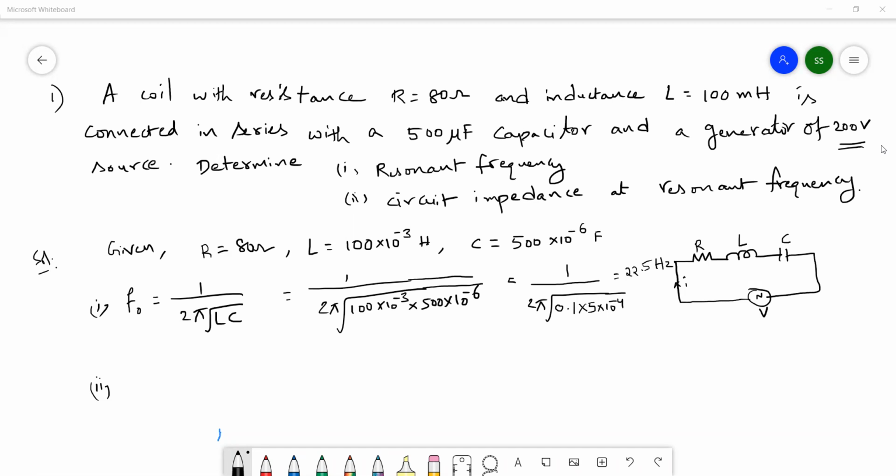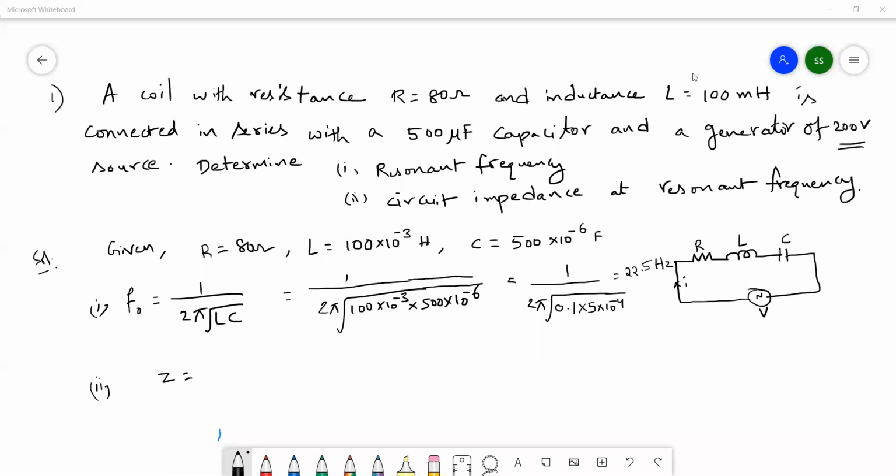And what about your second bit, circuit impedance at resonant frequency? What is the formula of Z at resonance? Z is equal to R, sir.